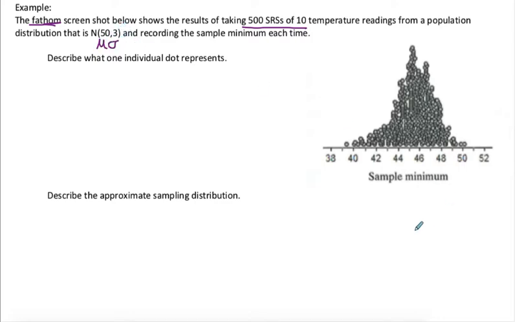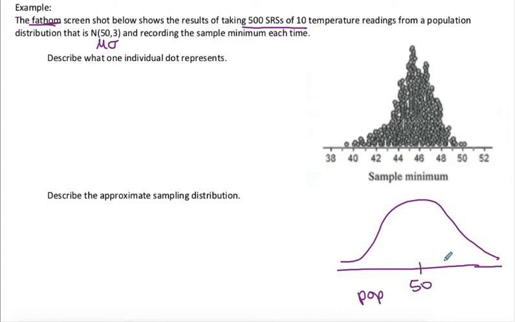So they're telling us, okay, here's our population. The population is approximately normal, centered at 50 with a standard deviation of 3. Okay, so they're telling us this is what the population reads.